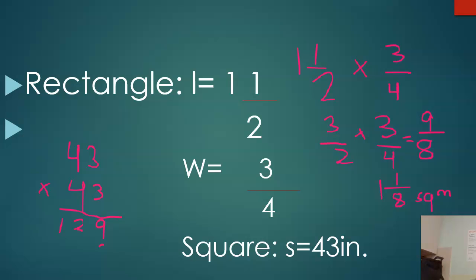We're going to put in our 0 for our holding place. 4 times 3 is 12. 4 times 4 plus 1 is 17. 9 plus 0. 2 plus 2. 1 plus 7. 0 plus 1. And here we would have square inches.